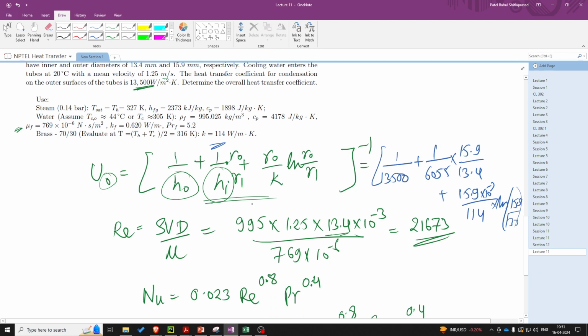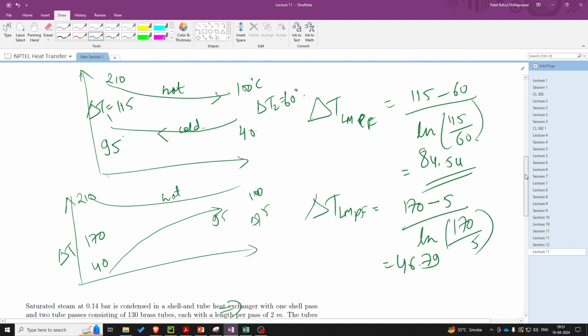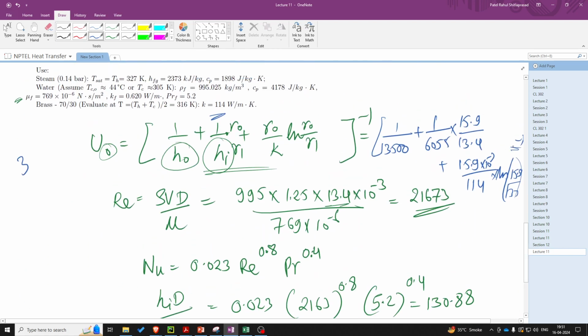This you can calculate, and you have to take the inverse of this, just remember. The overall heat transfer coefficient U naught will come around 3546 watt per meter square Kelvin. You can try calculating this on your own, and then we can move on to the next question.